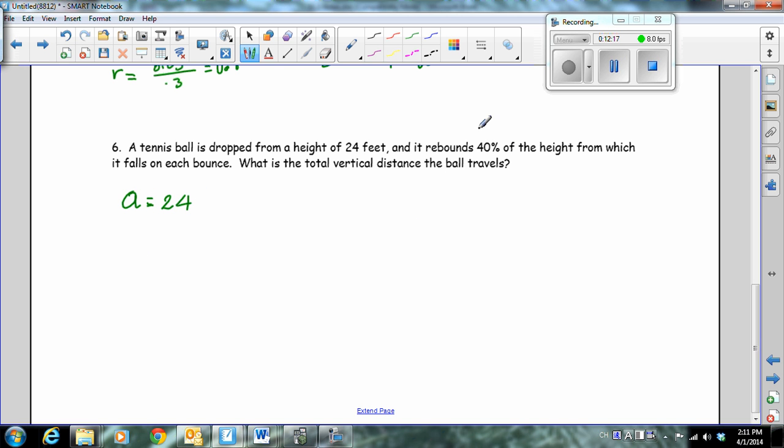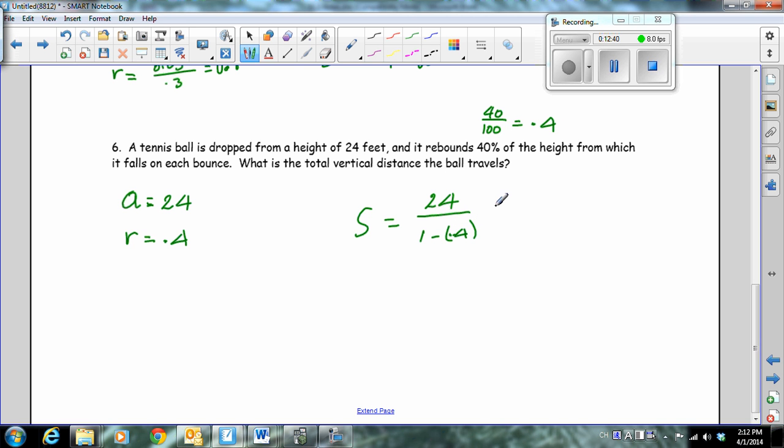And the rate, 40%, meaning 40 over 100. And if you divide 40 by 100, you get 0.4. That will give you by how much you multiply. So S here is equal to the first term, which is 24, over 1 minus r. r here is 0.4.